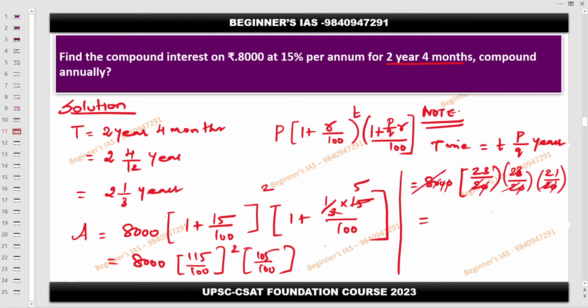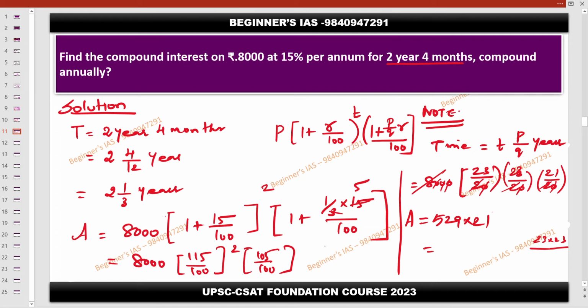So here we need to multiply. Therefore amount is equal to what? 23 the whole square, 23 into 23, that is 529. So 529 into 21.